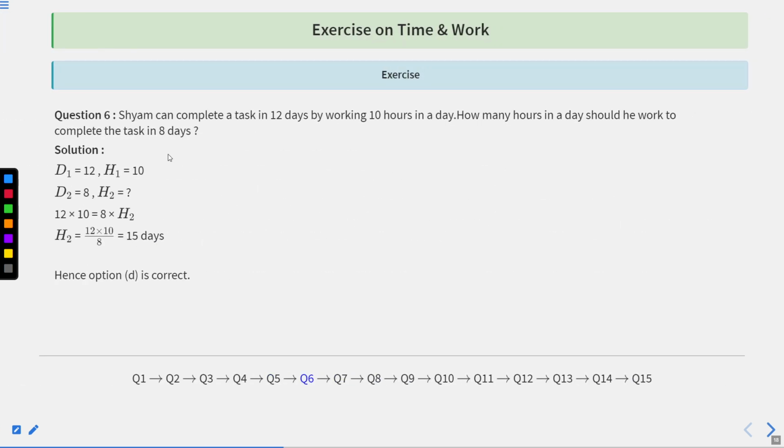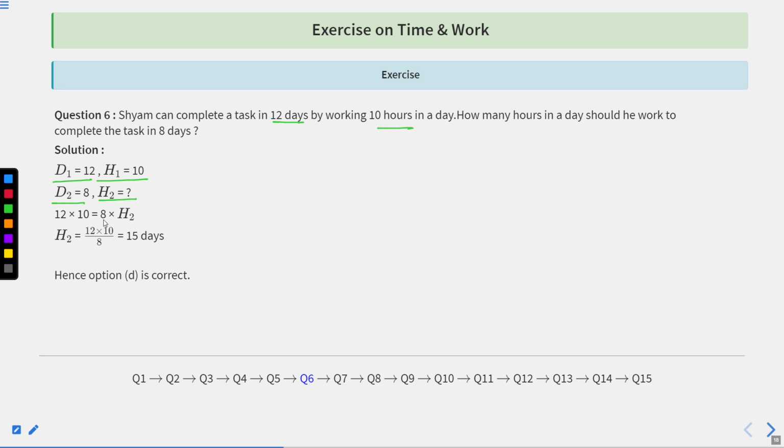Here in this question, d1 is 12 days, and each day Sham spent 10 hours. That means h1 is equal to 10. How many hours each day should he work to complete in 8 days? That means d2 is 8, and h2 is unknown, how much time he should spend each day to complete the task faster, that is in 8 days.